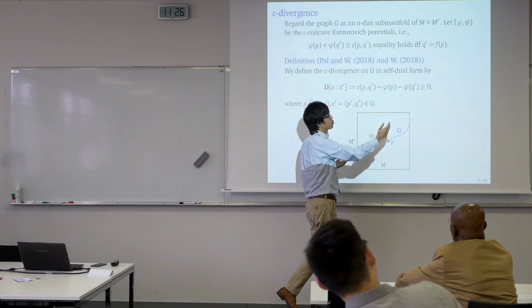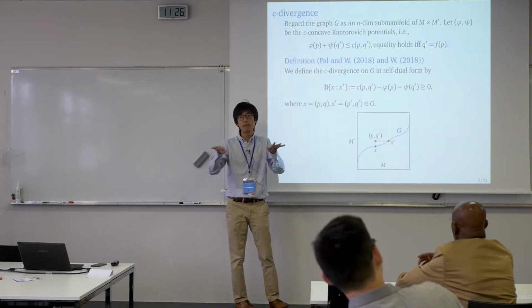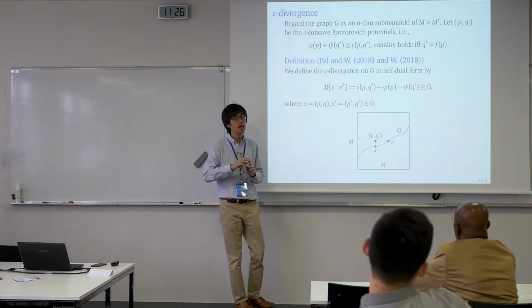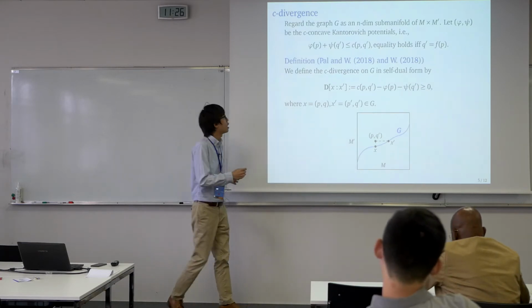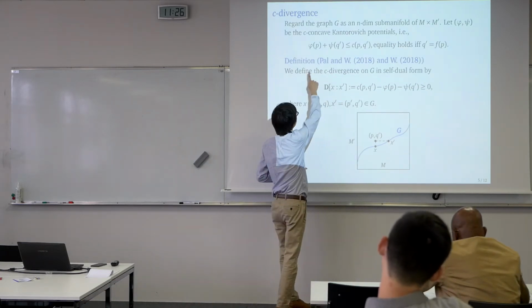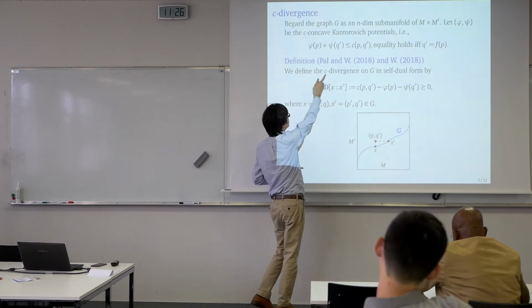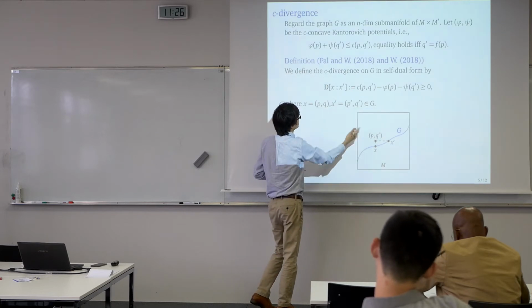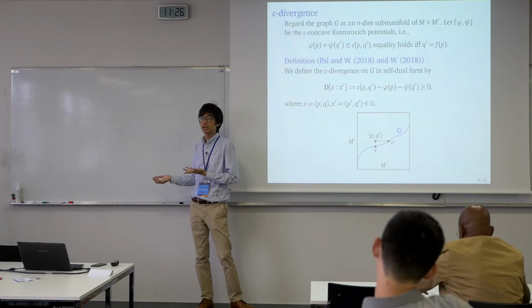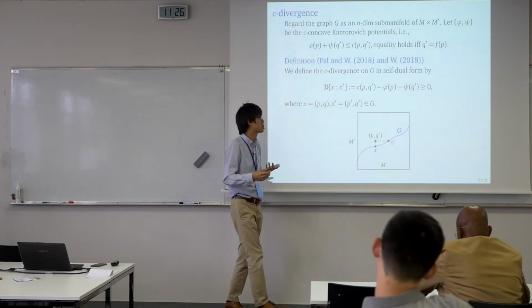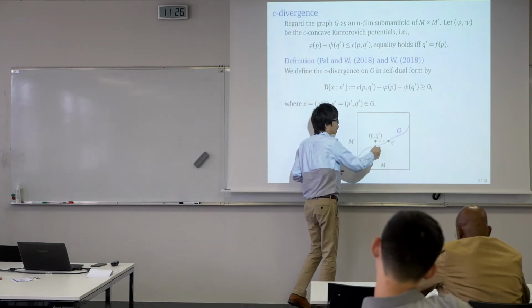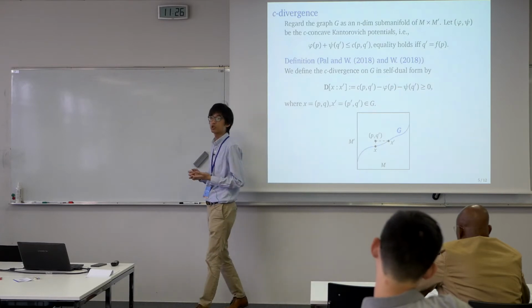One is phi and the other one is psi, one on M and the other one on M prime. And what happens is that phi of p plus psi of q prime is always less than or equal to the cost function on the product space, but equality holds if and only if I'm on the graph of optimal transport.